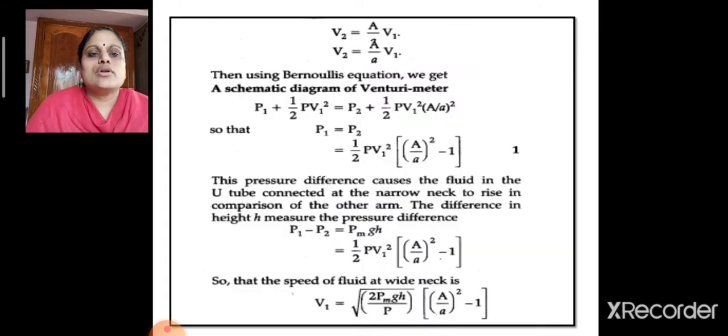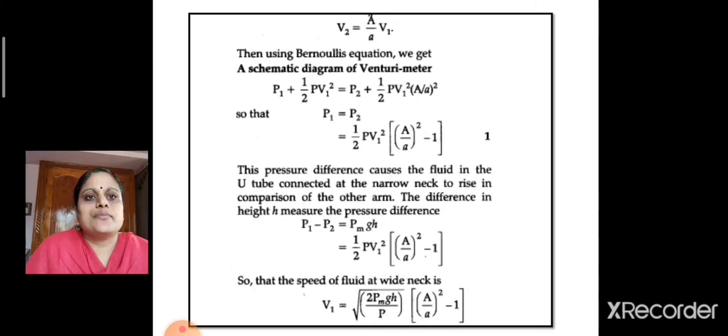Now, from the equation of continuity, we get V2 is equivalent to capital A divided by small a into V1. Using Bernoulli's theorem at the broader end and at the constriction, we get P1 plus half rho V1 square is equivalent to P2 plus half rho V2 square.